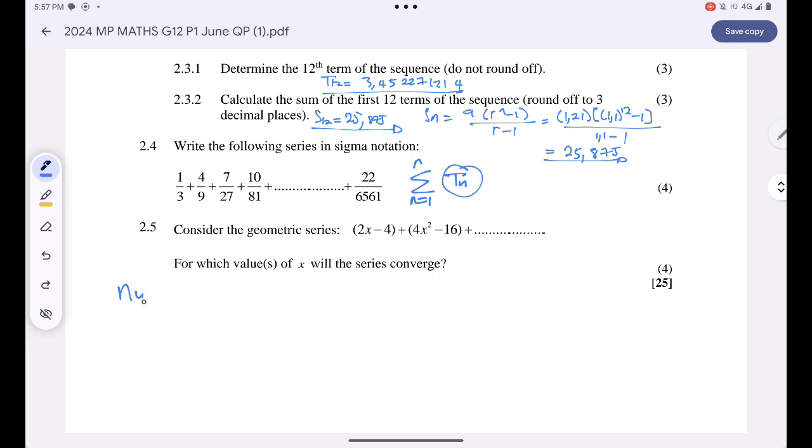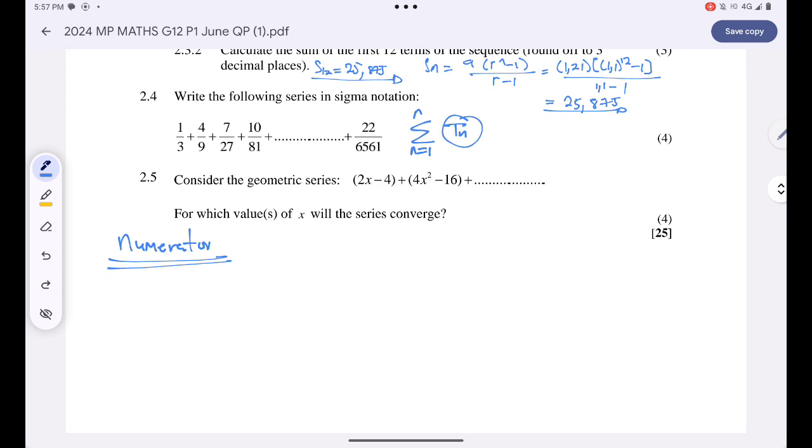For my numerator, I can see that the numerator is arithmetic. So therefore Tn is basically equal to a plus (n minus 1)d. The value of a is 1. The common difference, 4 minus 1, is basically equal to 3.